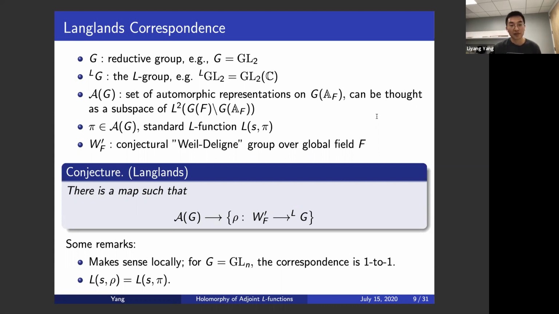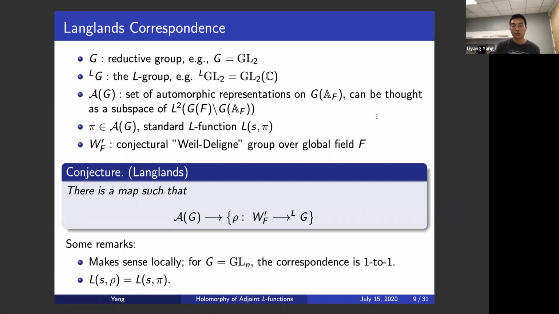We'll let W_F' be the Weil group of a global field F, where technically this is hypothetical, but bear with me, because this is just a very rough introduction, maybe a motivation. Then Langlands conjectured a map from the set of automorphic representations to the set of Weil group representations, or Galois representations for simplicity.